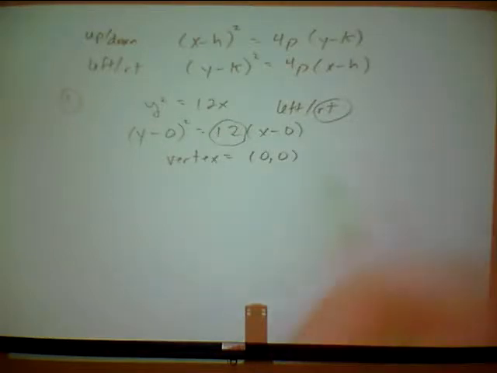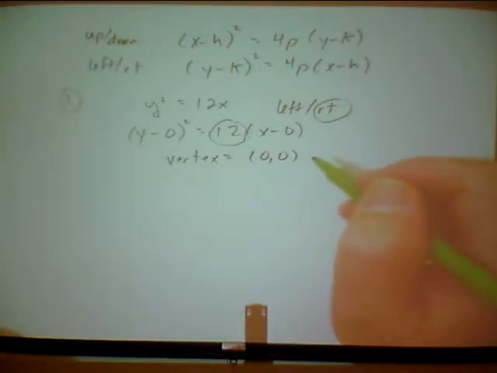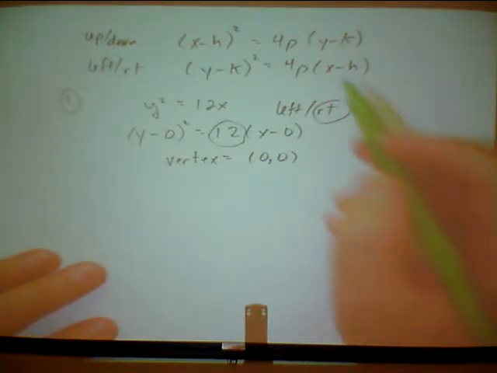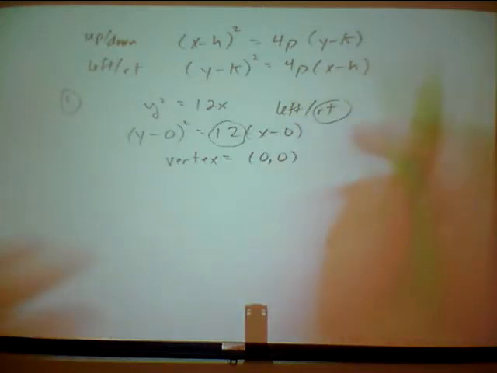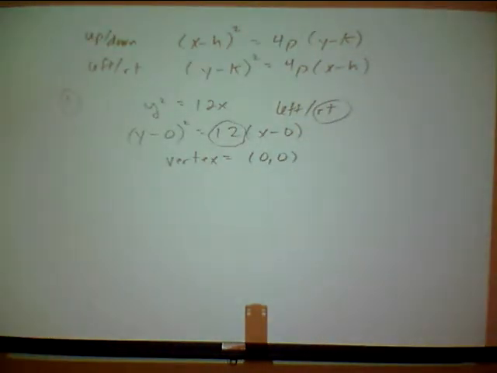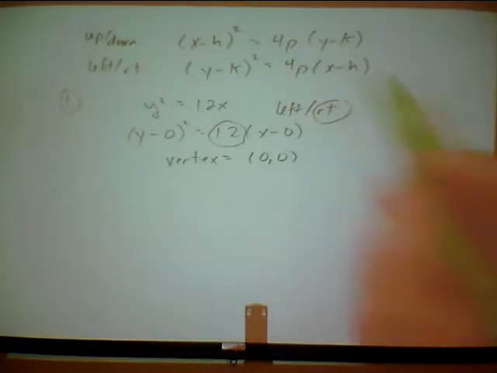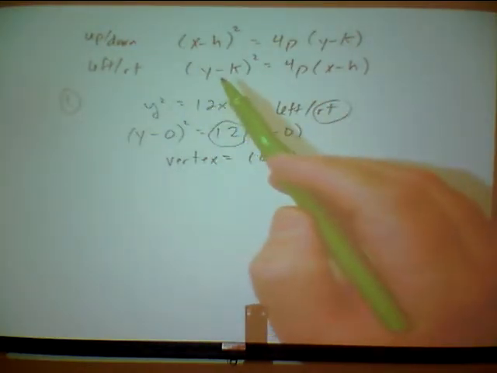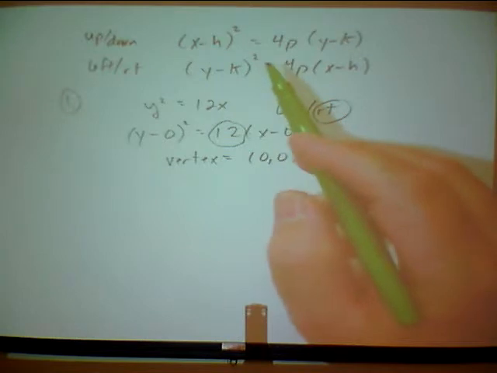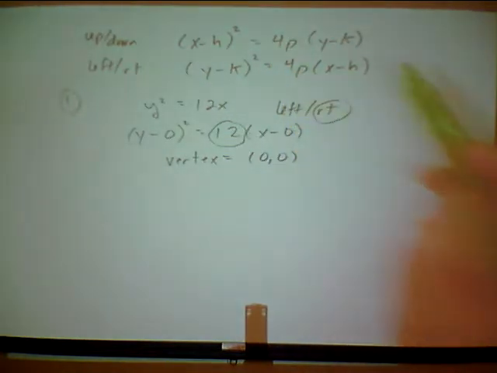So far I've learned what my vertex is. I know it opens to the right. The next thing I have to figure out is the value of p. From my standard equation, the coefficient, the number in front of this parenthesis, equals 4p. And just to clarify once again, for the standard equation, you have to make sure there is no coefficient, there's no number in front of the squared parentheses.